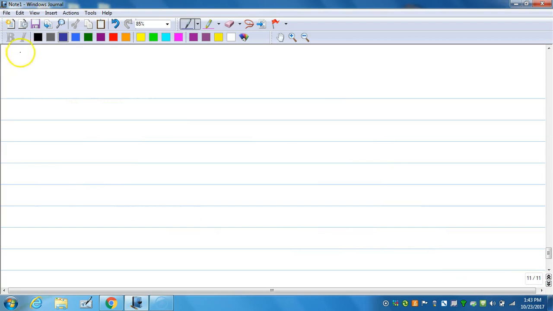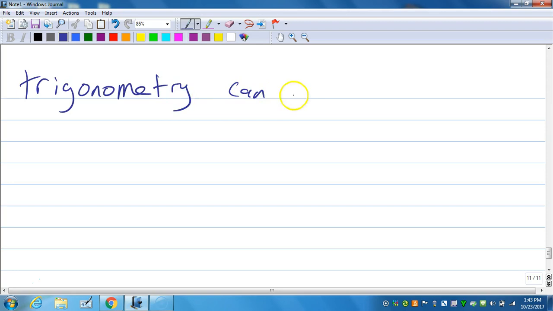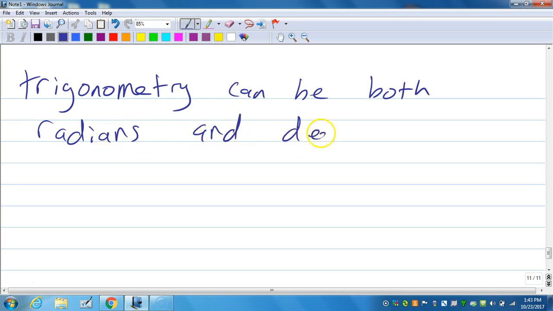The next section of your worksheet is pretty simple and straightforward: put it in the calculator and get the answer. The only problem is that trigonometry can be both radians and degrees.